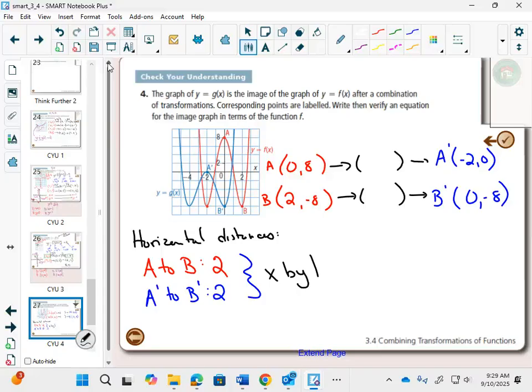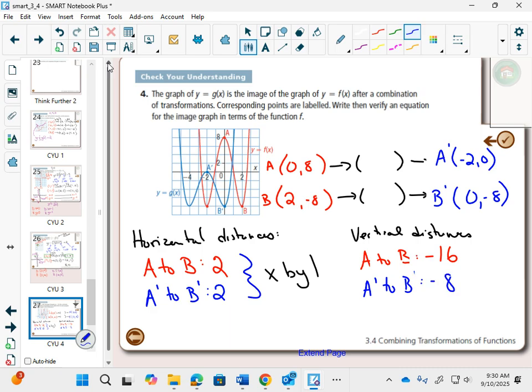But when I look at the vertical distances, again, first from A to B, now we're going down, because A started up above and we went down 16 units, so I'll write -16. And when I look from A prime to B prime, still going down, but only 8. Y would have to get multiplied by a half to change a -16 to a -8.